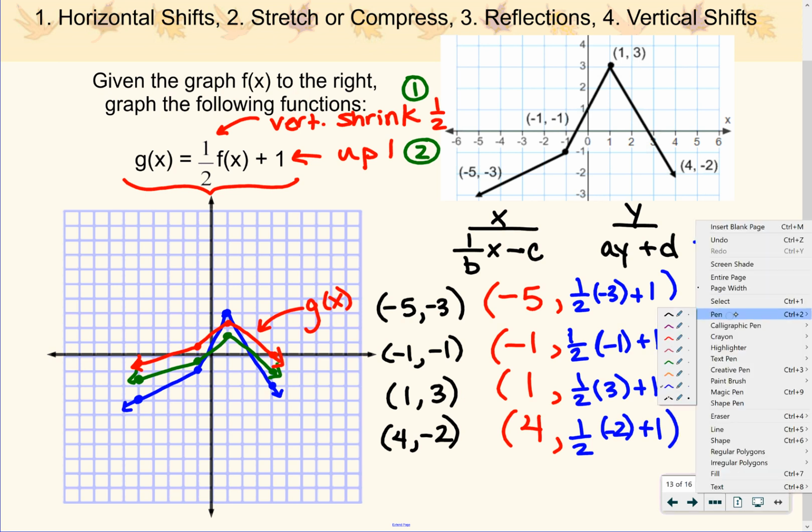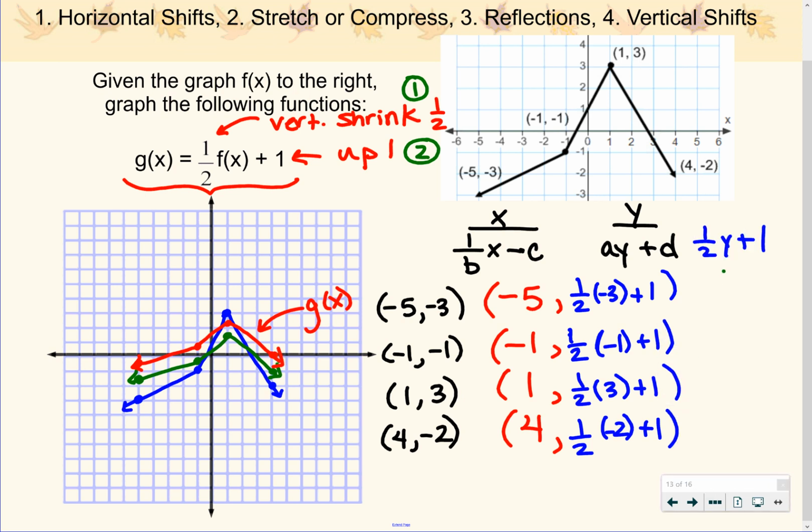Final answer: for -5, I'll have -3/2 plus 1, which is -1/2, the first point we plotted on the left. I'll have -1/2 plus 1, so 1/2. -1, 1/2 was the second point we plotted.